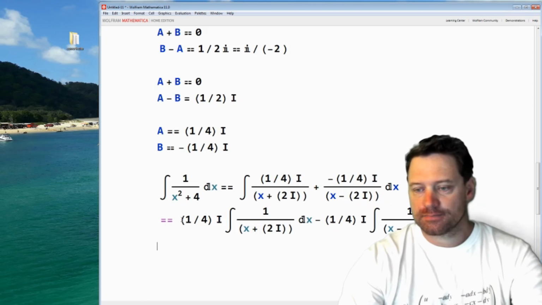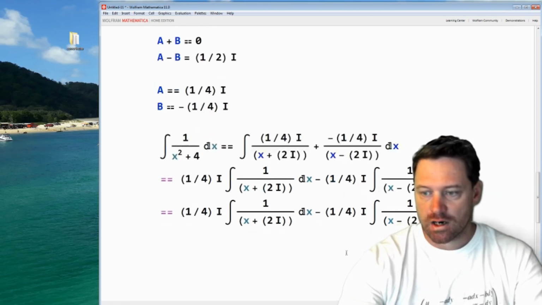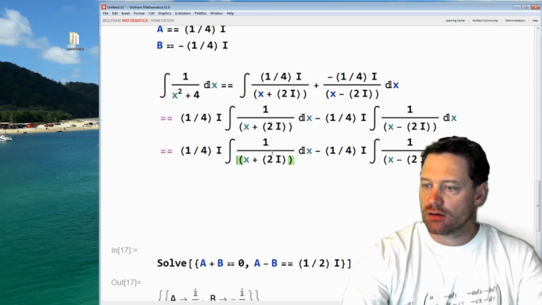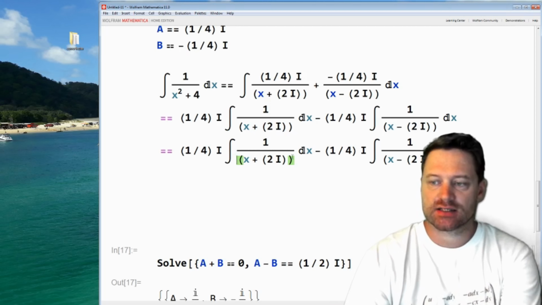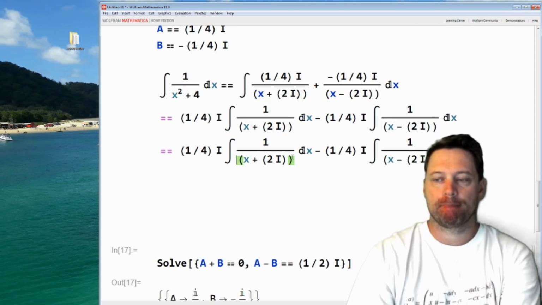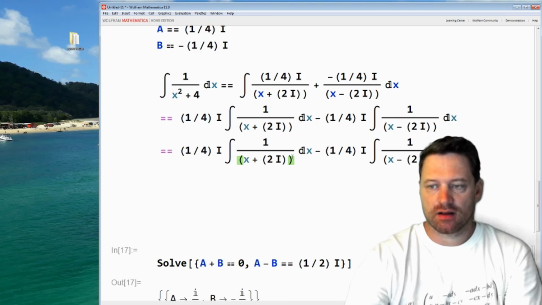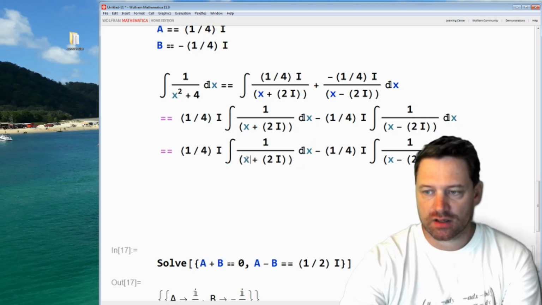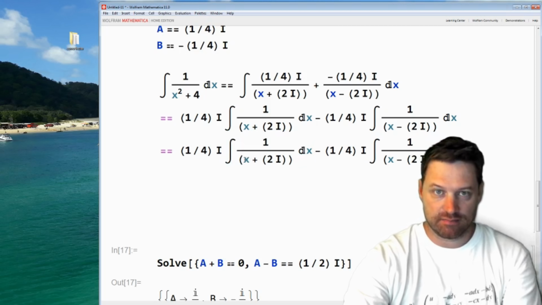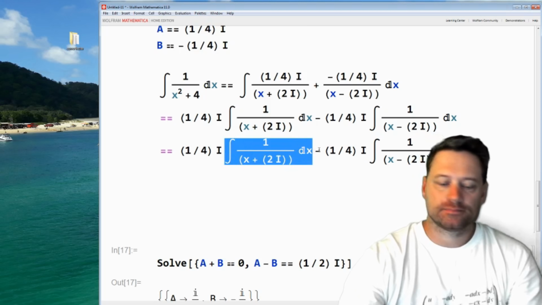Okay, next. Well, look. The derivative of x plus 2i is 1. Okay, so by substitution, this integral right here is going to be the natural log of x plus 2i. Okay, so I'll write that in.